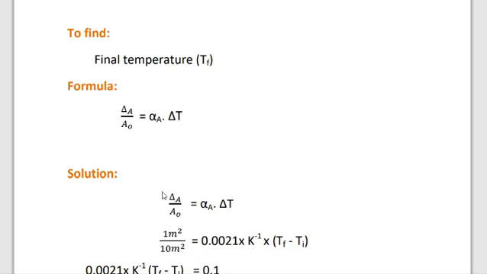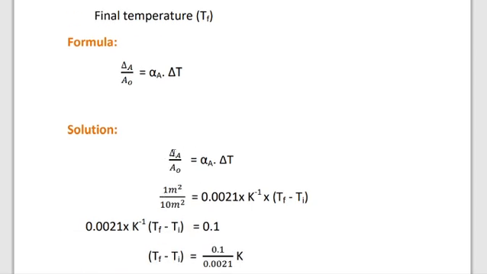Superficial expansion means if there is an increase in the area of a solid due to heating, then the expansion is called superficial or areal expansion. There is a change in the area. So the equation relating the change in area and the change in temperature is del A divided by AO is equal to alpha A into delta T.